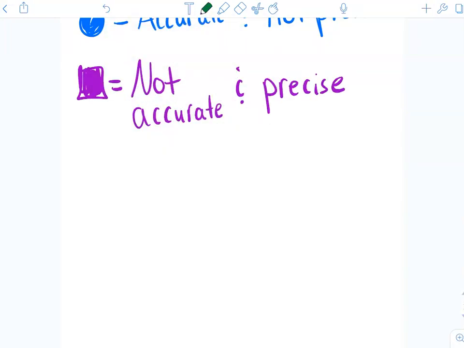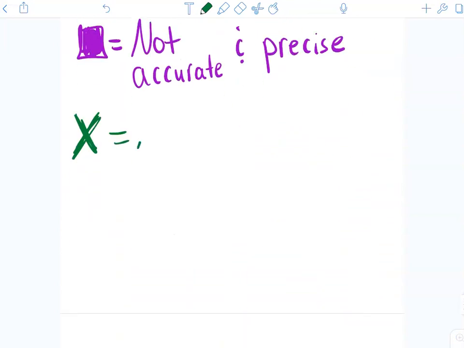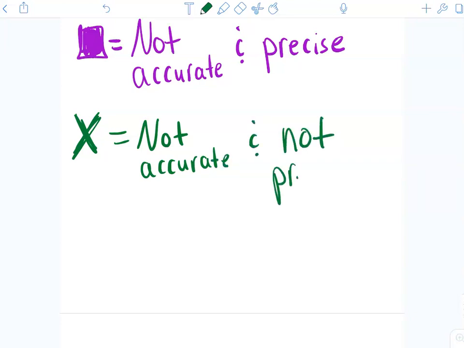And then our last one is the green X's, and they are all over the board. They are nowhere near the bullseye, and they are nowhere near each other. They are literally everywhere. So that means that they are not accurate, and they are not precise.